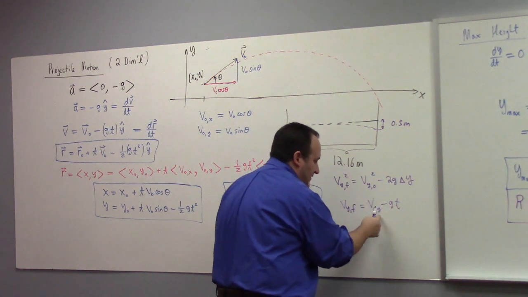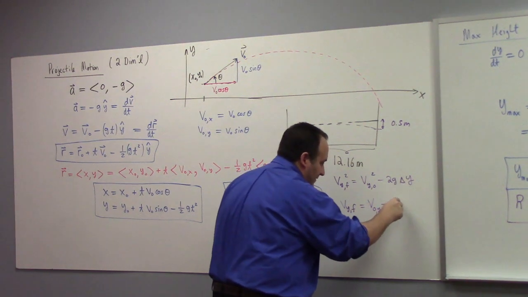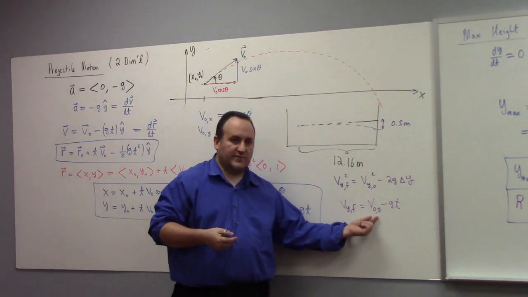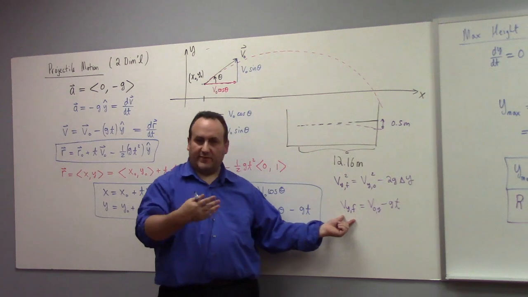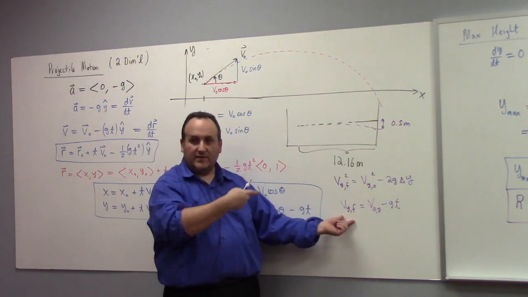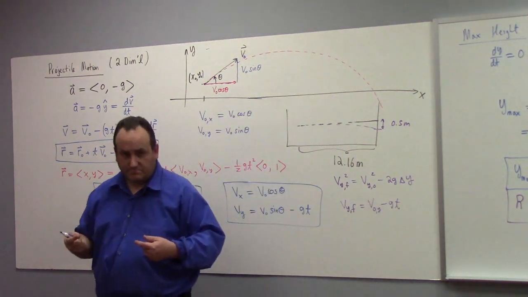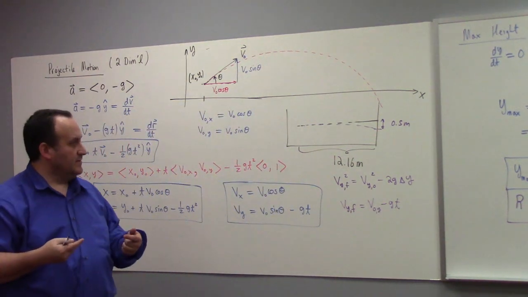Sometimes I'm putting the 0 first and the y second, and I can't make up my mind, so my bad. But anyway, we know that the initial was 0. We know that the final is whatever it was from the above equation, which means that we can figure out the time. And then once you know that, what can you do?